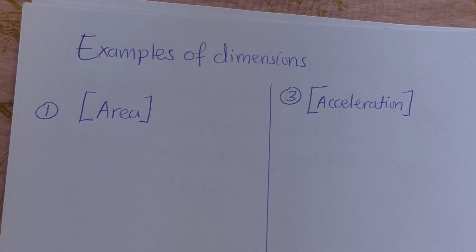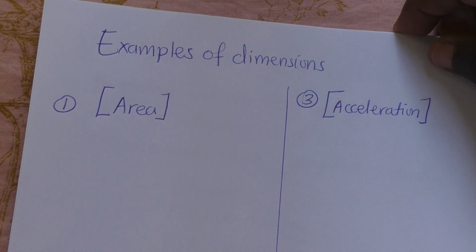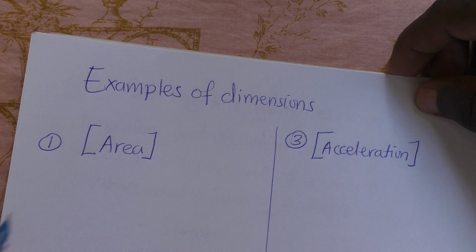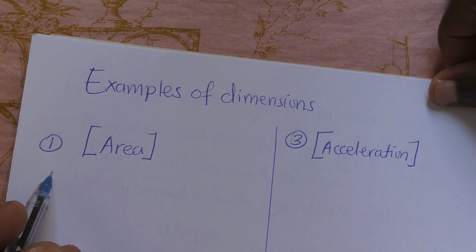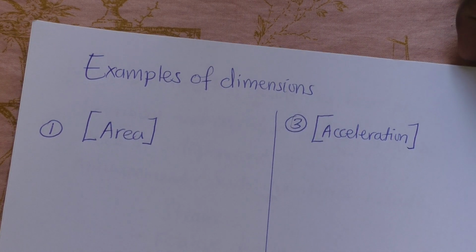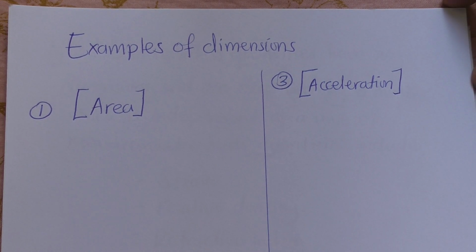So let us derive these dimensions together. Area. We know that area is given as a length squared. Or, for instance, when we talk about particular shapes, the area of a square is a side squared, but side is length.